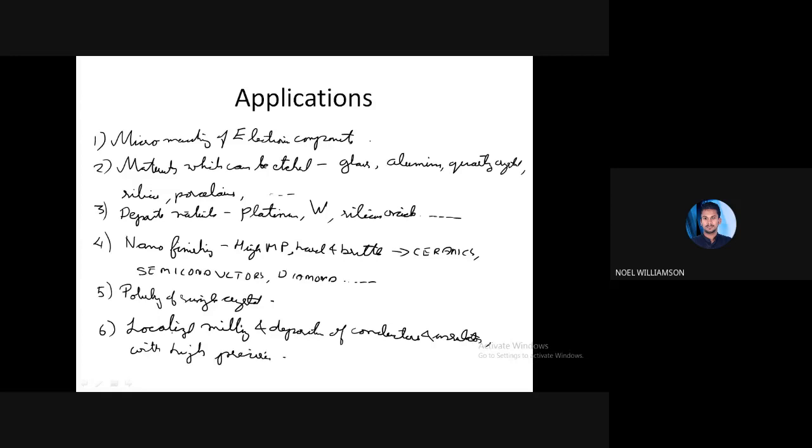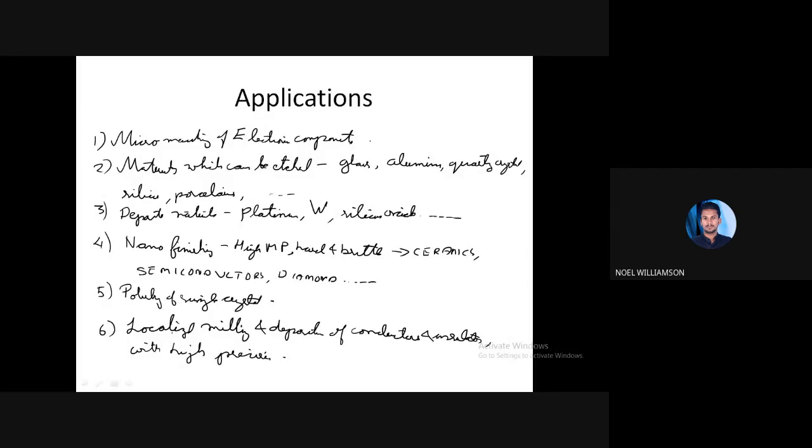So with high precision, we can use the localized milling and deposition of conductors and insulators. So these are some of the main applications of IBM or ion beam machining.